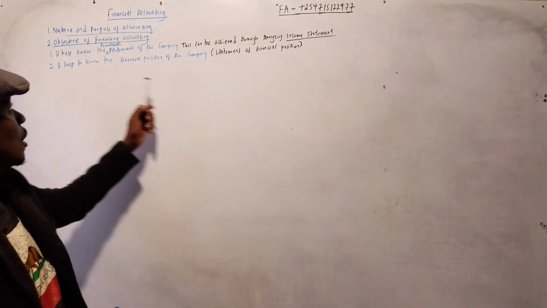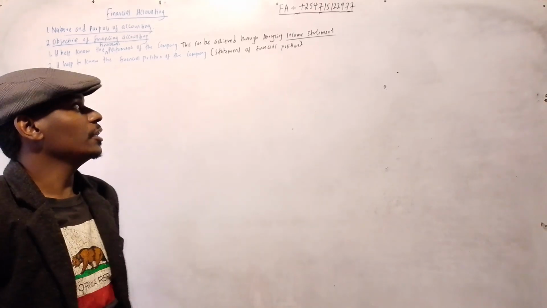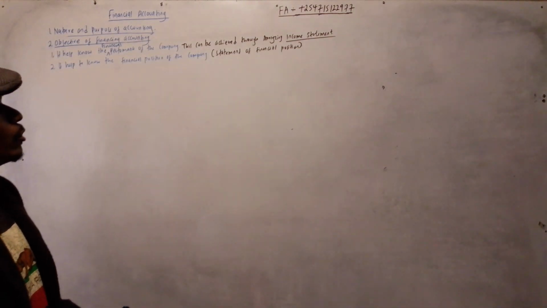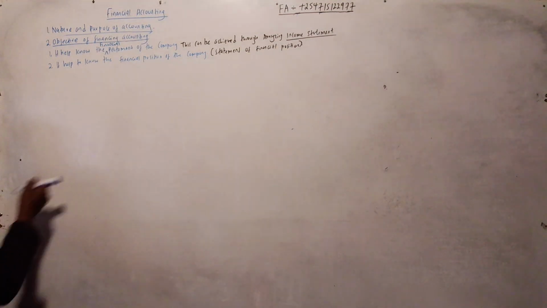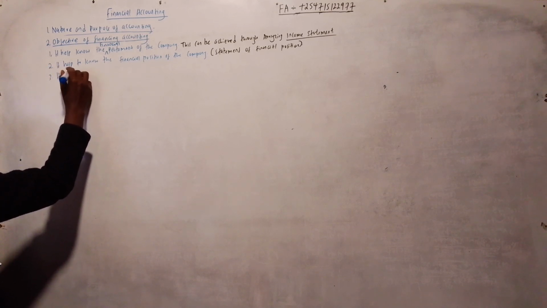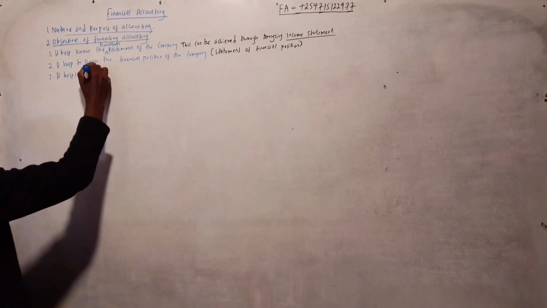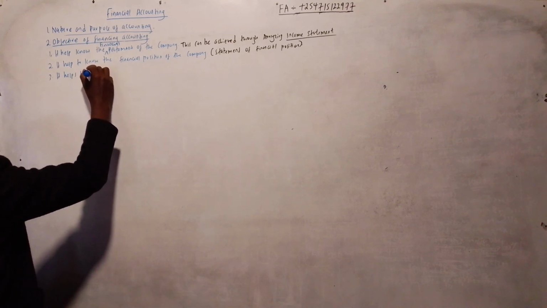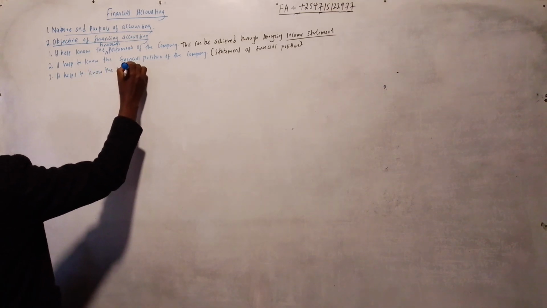Then we can analyze the financial position of the company through the statement of financial position or the balance sheet. Number three, it helps to know the movement of cash during the year.